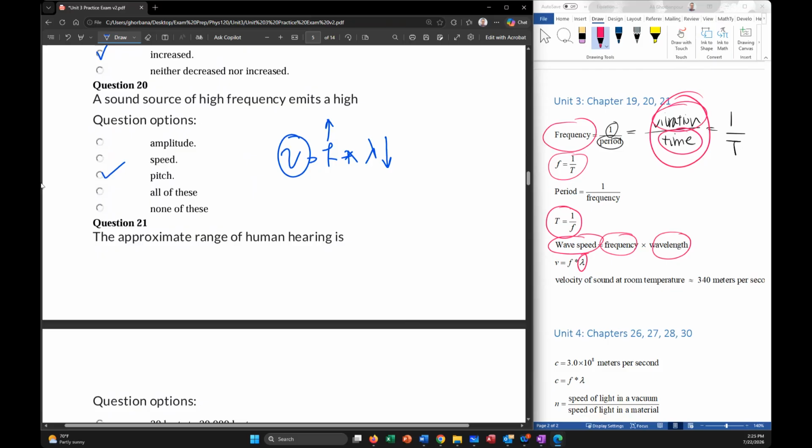The frequency and wavelengths will change, but the velocity will not change. The velocity will change if it goes from one medium to another medium, so let's say from cold air to hot air. Good. In this question, the right answer is the pitch.